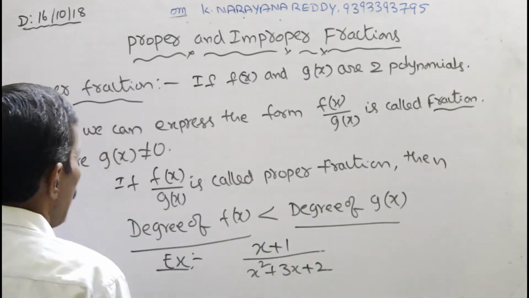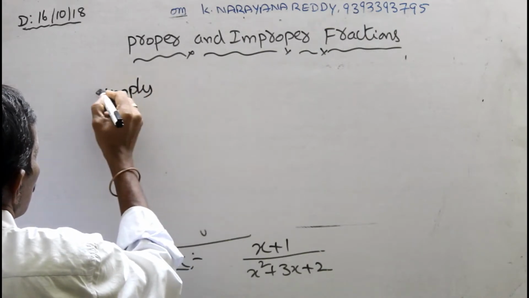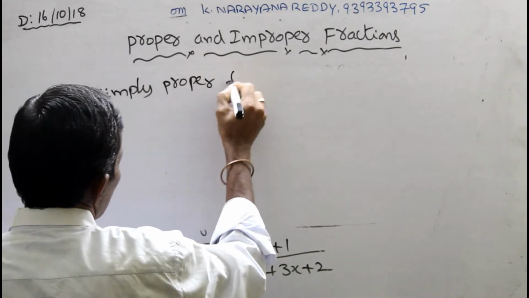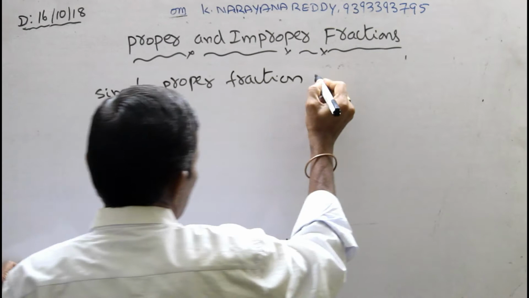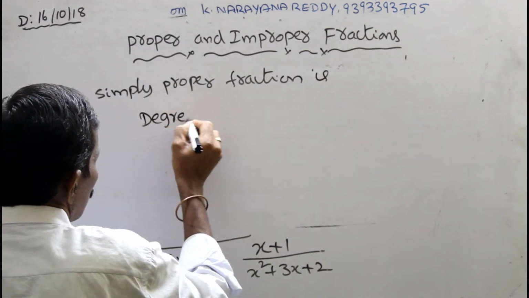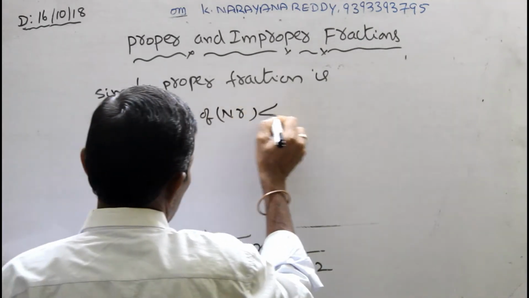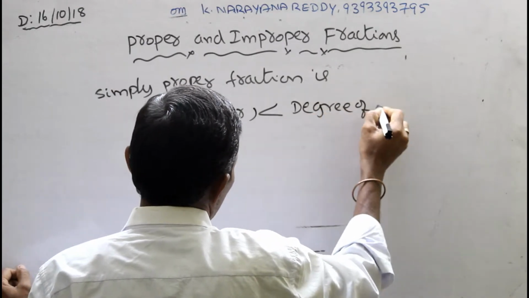Another meaning is simply that a proper fraction is when the degree of the numerator is less than the degree of the denominator.